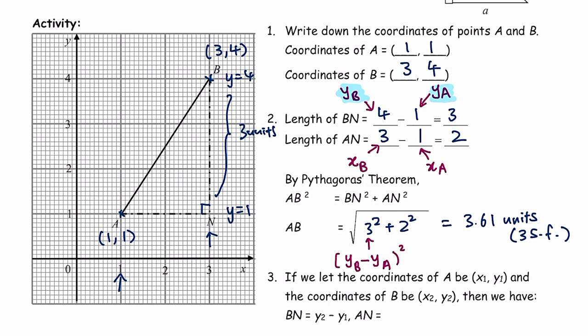Alright, and we square it. And then this 2 square came about from, again I'm going to highlight, x coordinate of B minus x coordinate of A. And again, squared.